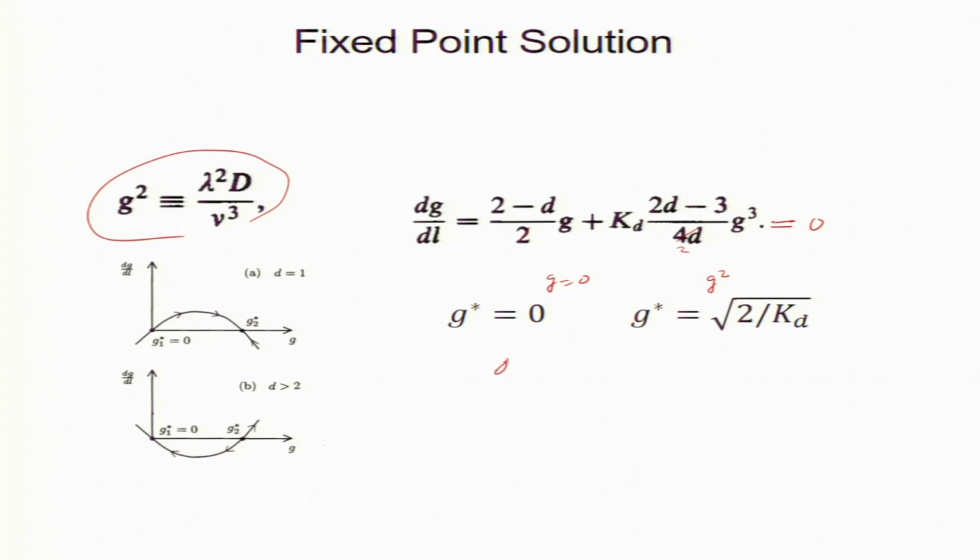Basically we compute the correction: if I change L, do I go away or do I come closer? It turns out for d equal to 1, this G1 is an unstable fixed point and it goes to G2. I am skipping the steps, but that is the stability analysis. We did it for Wilson.